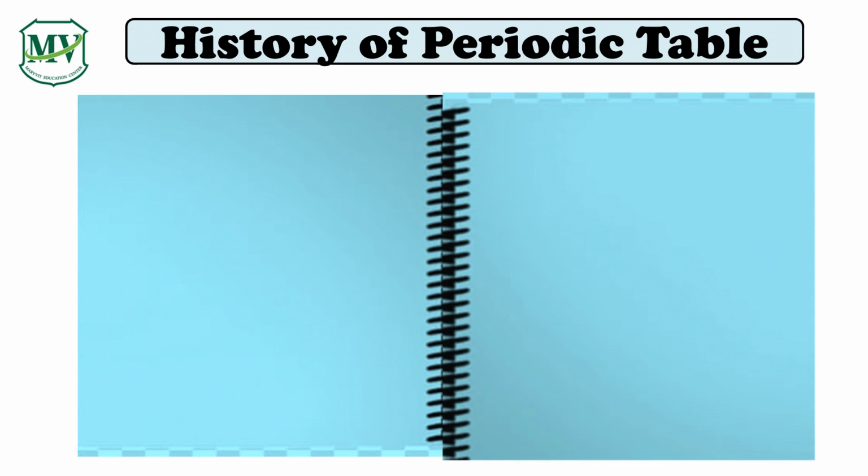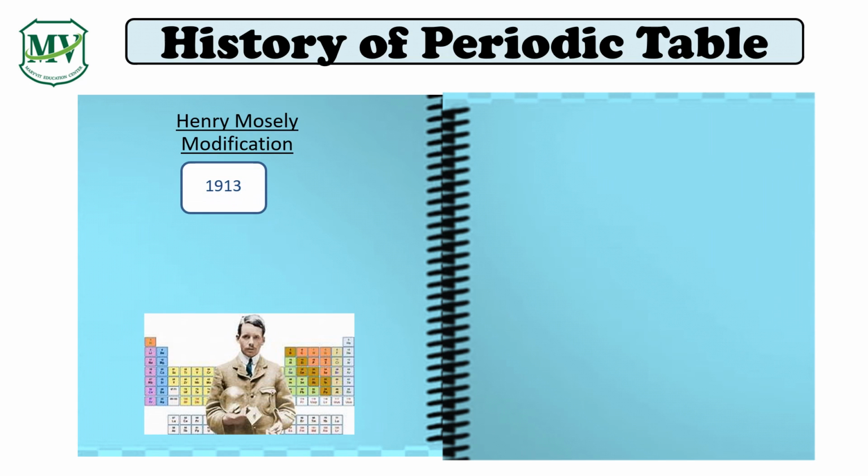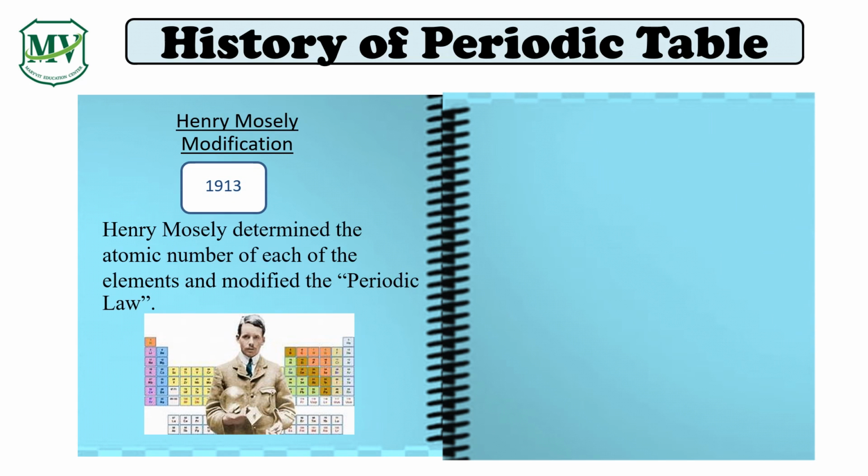Who determined and modified the periodic table, and who identified the lightest first ever synthesized transuranium element? Can you name them? Perfect! In 1913, Henry Moseley determined the atomic number of each of the elements and modified the periodic law.